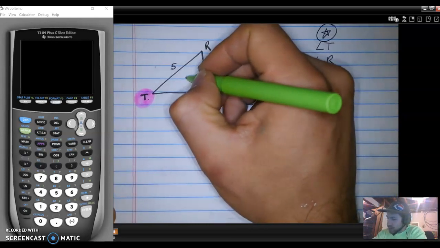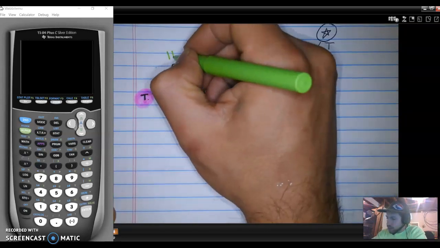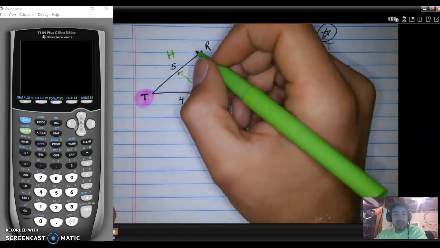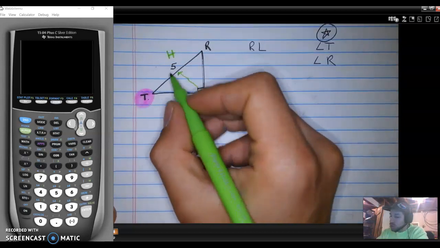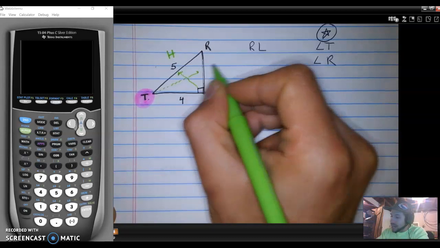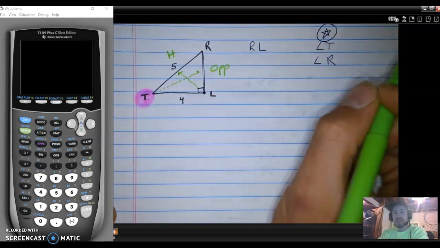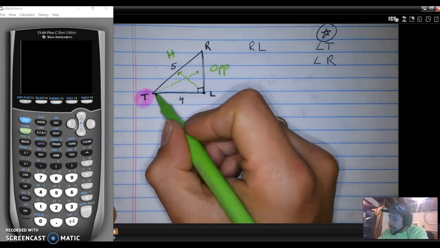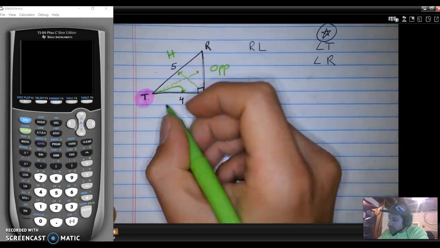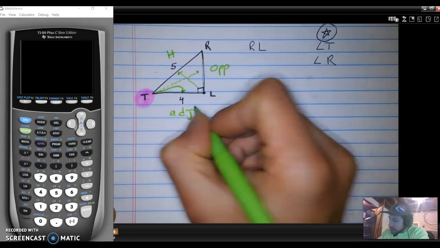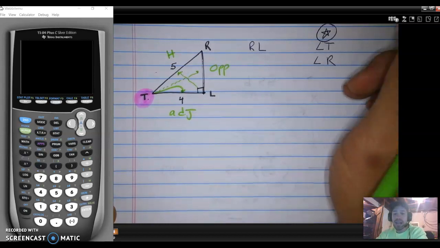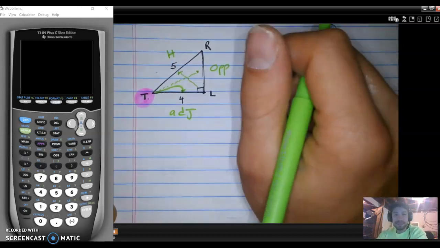Across from the right angle is always the hypotenuse. I like labeling that one first. Across from our circled angle is always the opposite side. And then next to our angle is the adjacent side. We need to know these three sides before we can do anything.